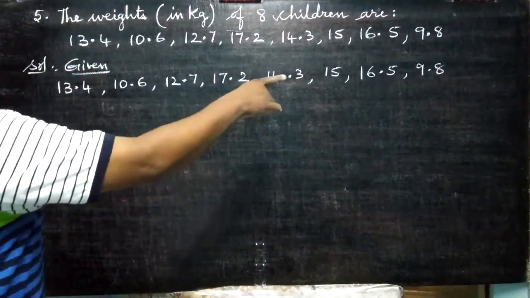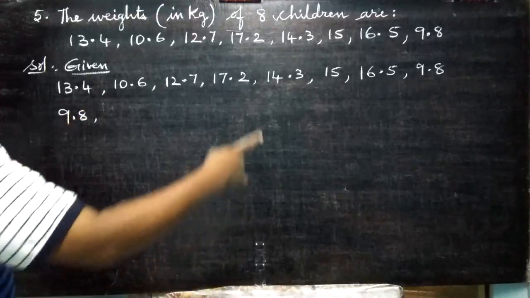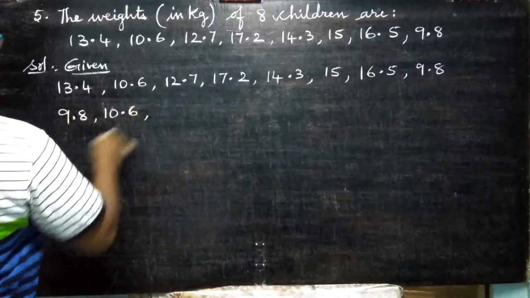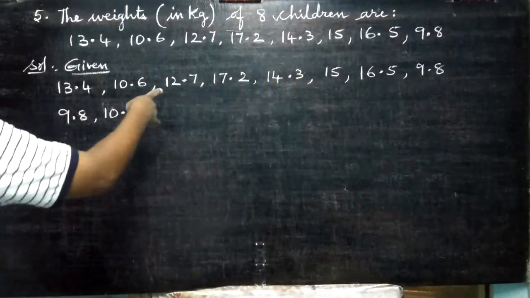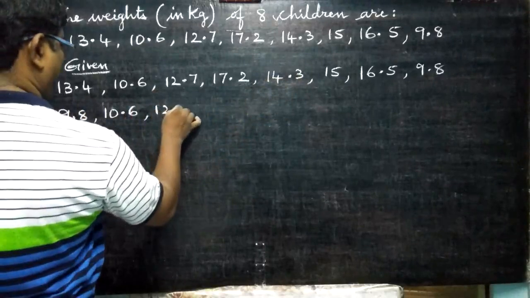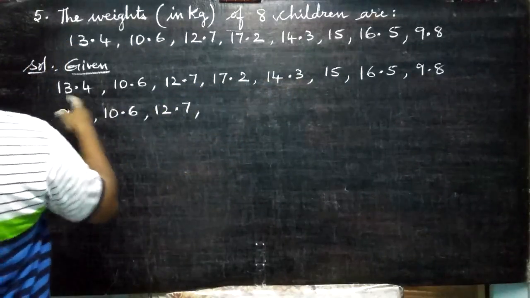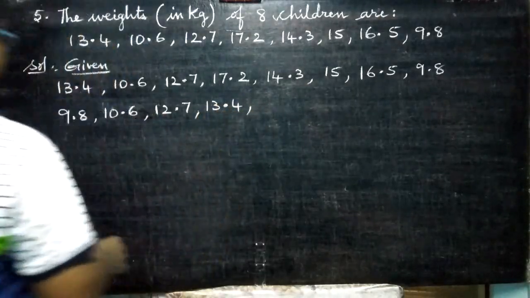Here the least is 9.8. After 9 should come 10, that is 10.6. After 10, 11 should come; 11 is not there, 12 is there: 12.7. After 12, 13; here 13 is there: 13.4. After 13.4, 14: 14.3.